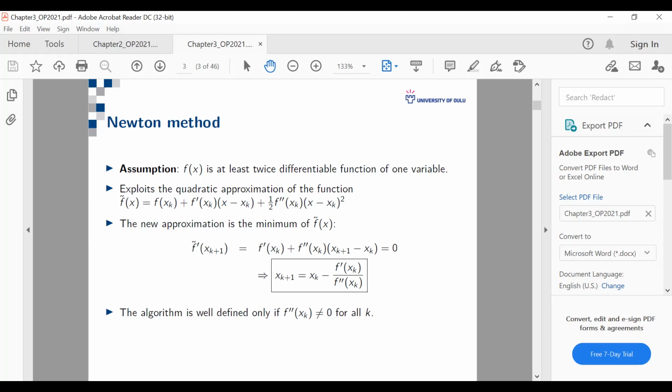We compute f tilde, the quadratic approximation at the point xk, and we compute the approximation being the minimum of f tilde. We compute the derivative of f tilde and require that it vanishes at some point. And the point is xk plus 1.